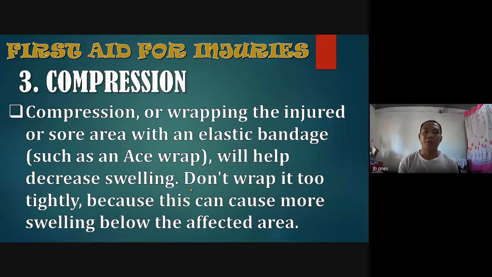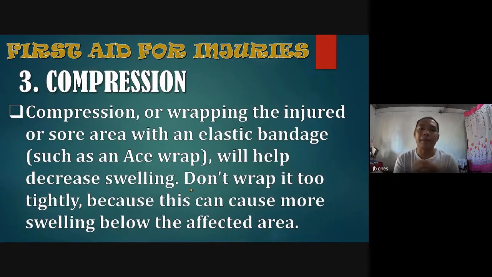So wrap it. If you get injured, you use a bandage to wrap it. The purpose of the bandage is to help decrease swelling, so there is less chance of it swelling a lot. But if you wrap it too tightly, it can cause more swelling to the lower affected area.